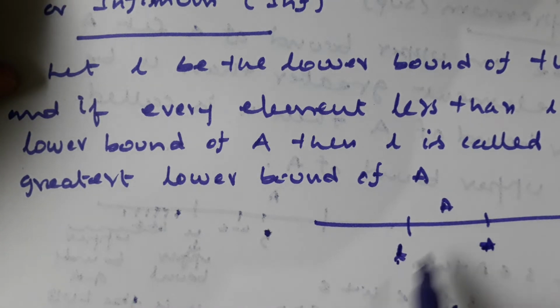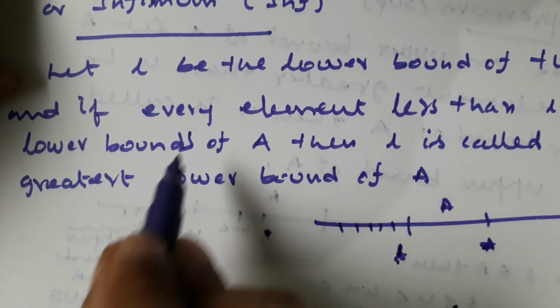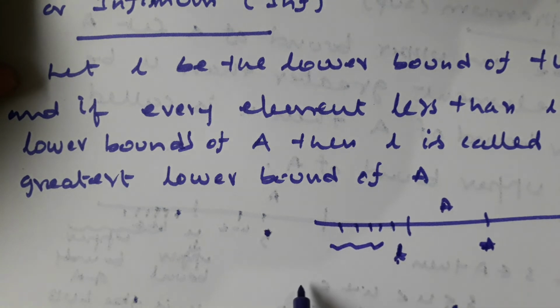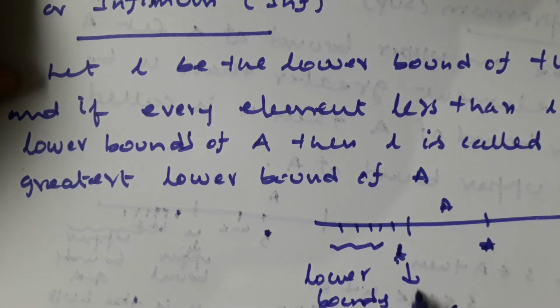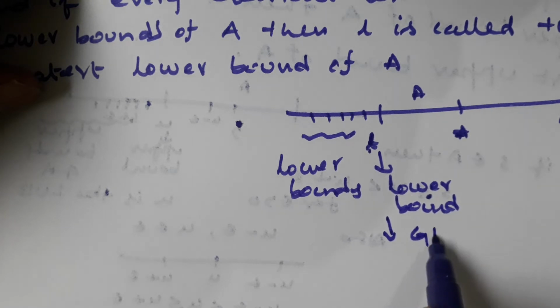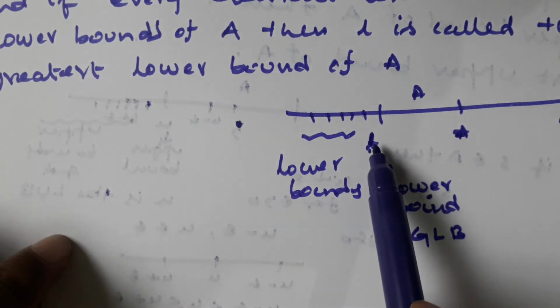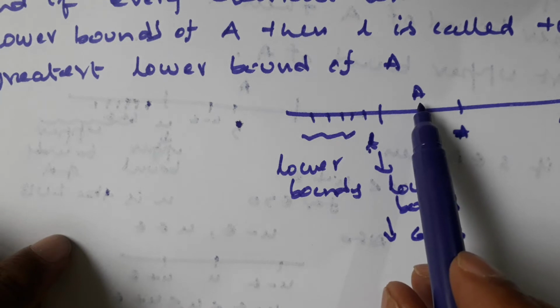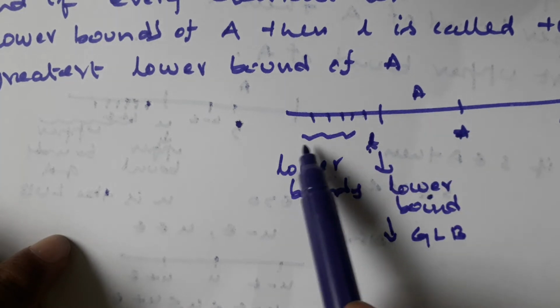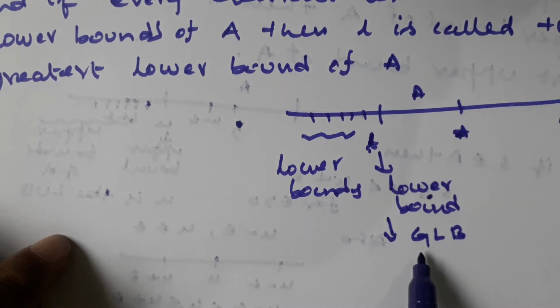Let us suppose l is a lower bound of the set A, and every element less than l is also a lower bound of A. These are all the lower bounds, and then this lower bound is called the GLB.